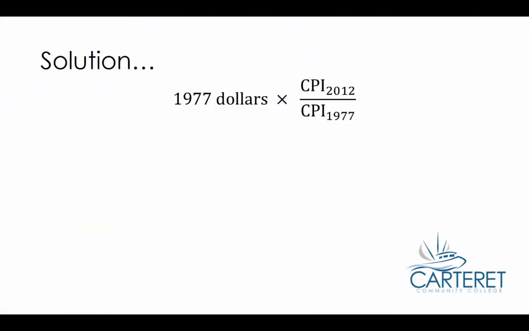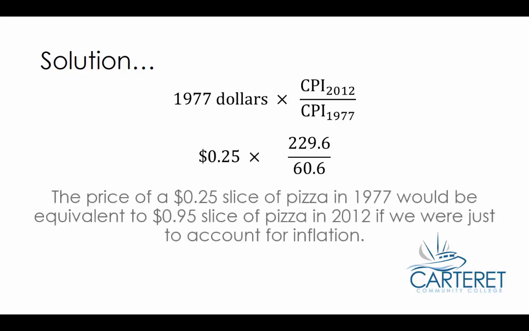The ratio of the CPIs from one year to the next will tell us how much more or less expensive items were in the new year. The ratio of 229.6 to 60.6 indicates that generally items are roughly 3.79 times as expensive in 2012 as they were in 1977. So we see the price of a 25-cent slice of pizza in 1977 would be roughly equivalent to a 95-cent slice of pizza in 2012 if we were just to account for inflation.